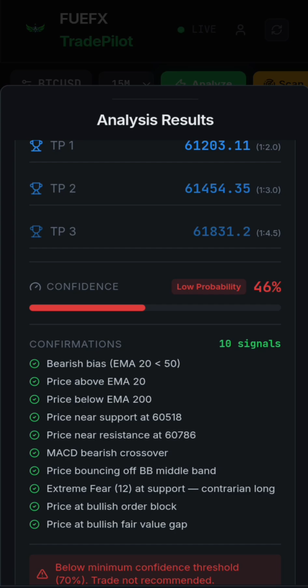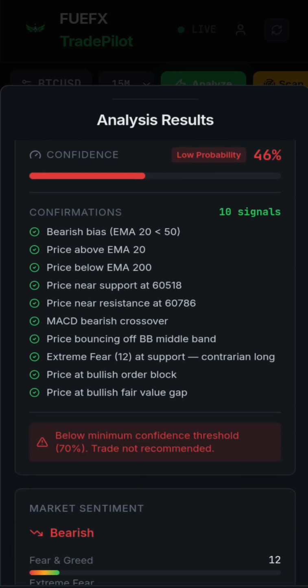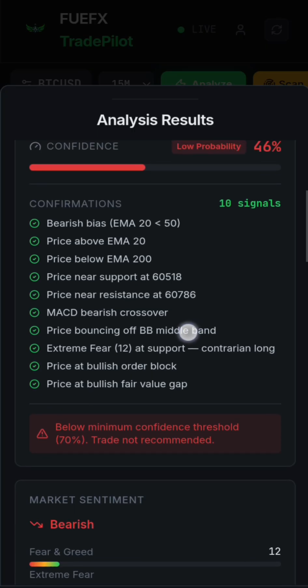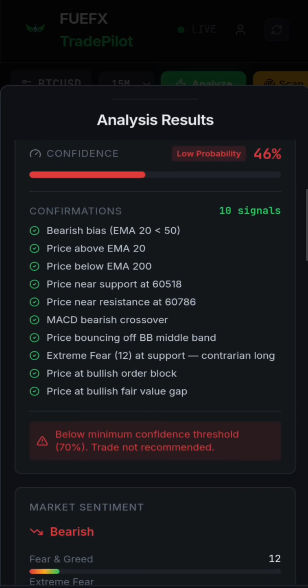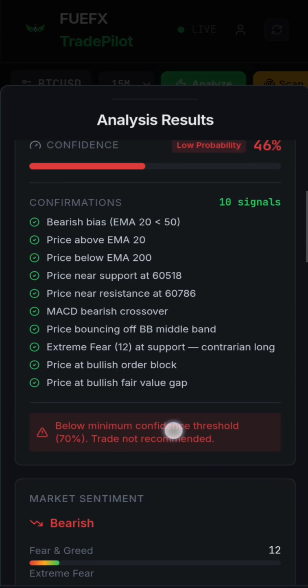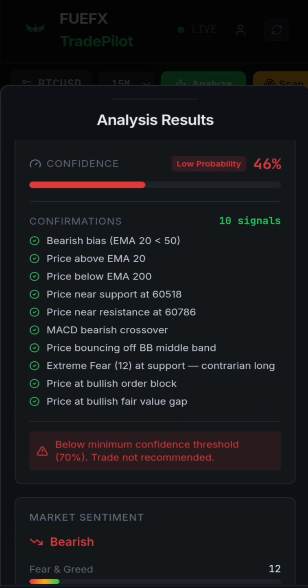So it is unlikely that I will go with this trade because it is a low probability trade. You can see the warning here, below minimum confidence threshold, 70%, trade not recommended. The analysis tells you that any trade setup below 70% is not recommended.